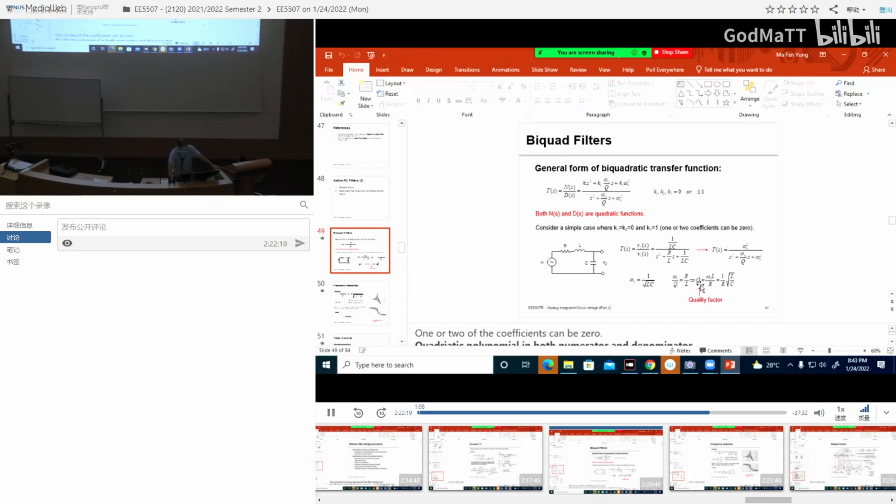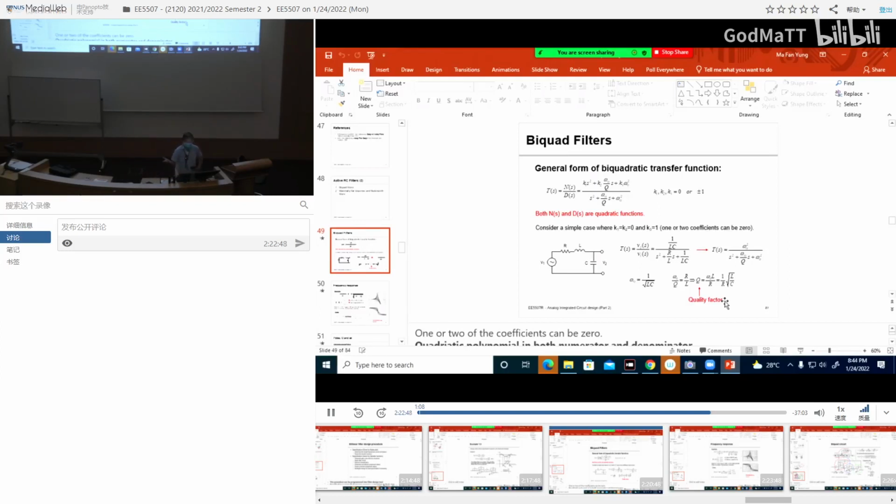So now Q is something which we call the quality factor. The quality factor is a measure of the energy efficiency of this circuit. So you may hear people say that this is a high Q circuit, this is a low Q circuit. It's a measure of the energy efficiency.